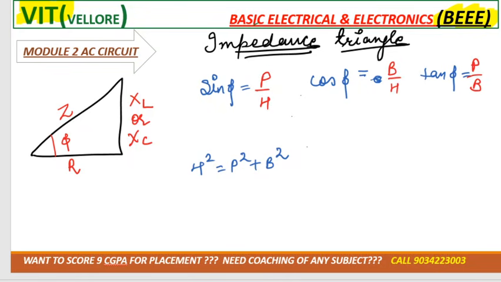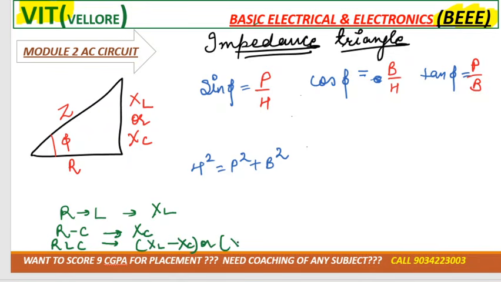See, if there is a circuit of RL, then we'll take XL. If they have given the circuit of RC in the question, then we'll take XC, right? But if they have given the combination RLC, then that depends. If XL is greater, then we'll take XL minus XC, or if XC is greater, then we'll take XC minus XL. Clear?